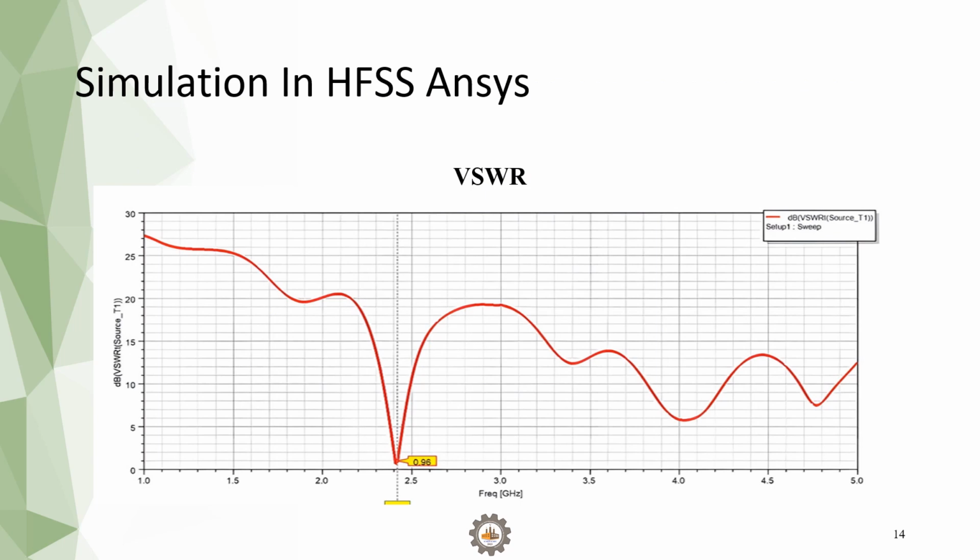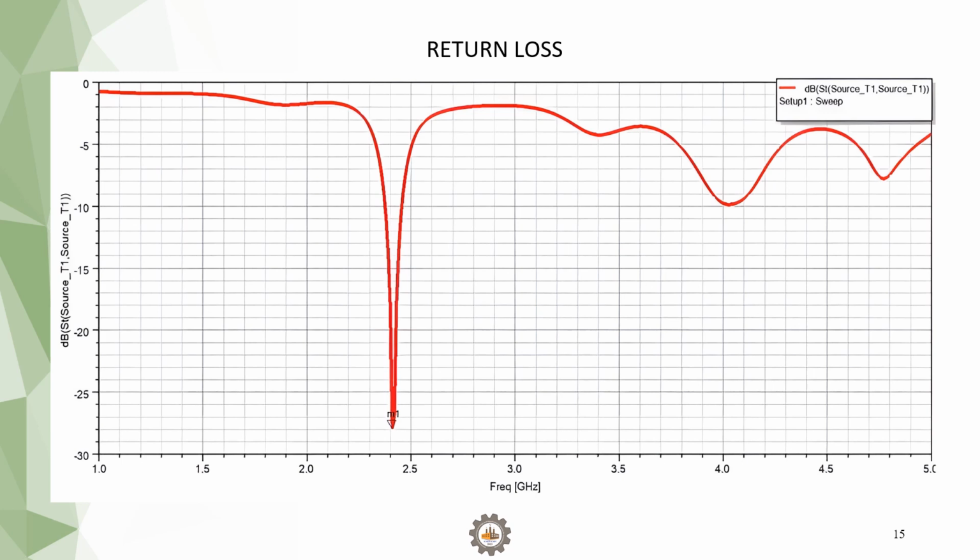After designing the circular patch array antenna in the HFSS tool, which is a high frequency structure simulator, we got the voltage standing wave ratio as 0.96, which is far closer to the ideal ratio, and the return loss observed at 2.45 GHz is around minus 26.